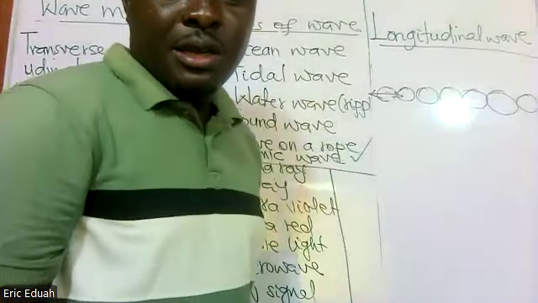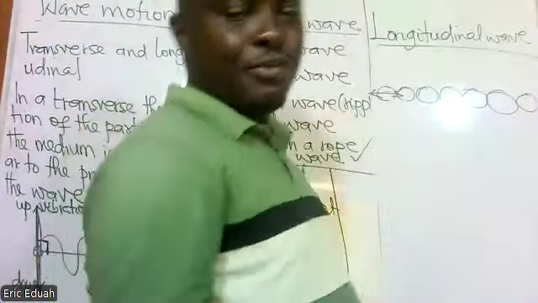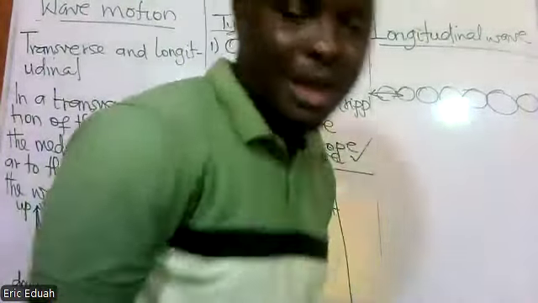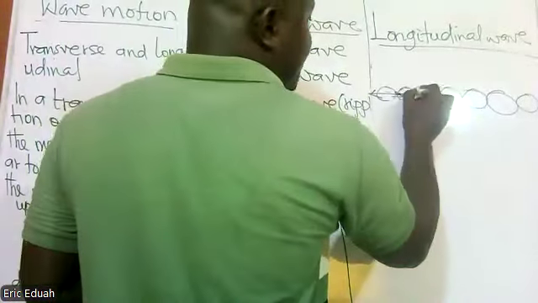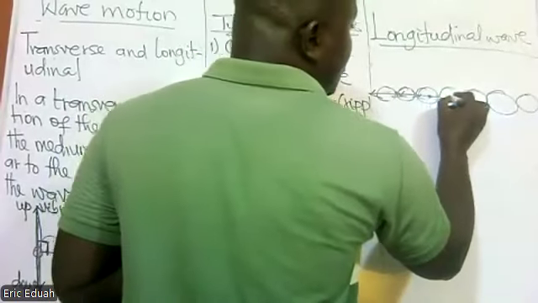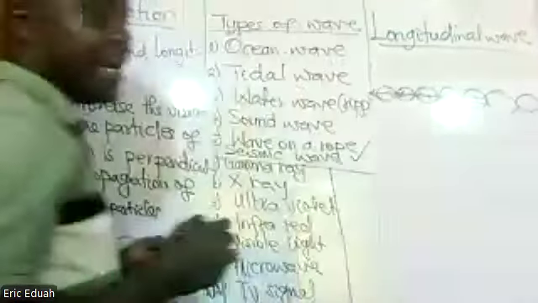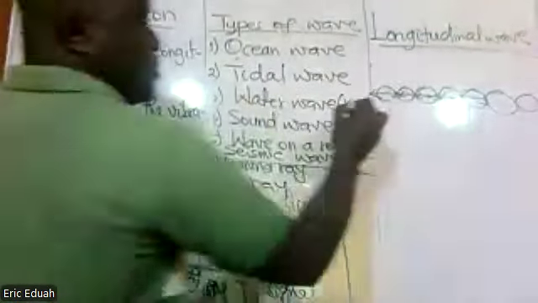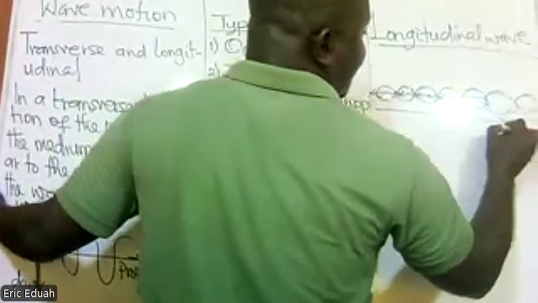So this time you vibrate like this, back, forth, in this manner. So as particles vibrate back and forth in this way, the energy is also transmitted parallel to the vibration of the particles.